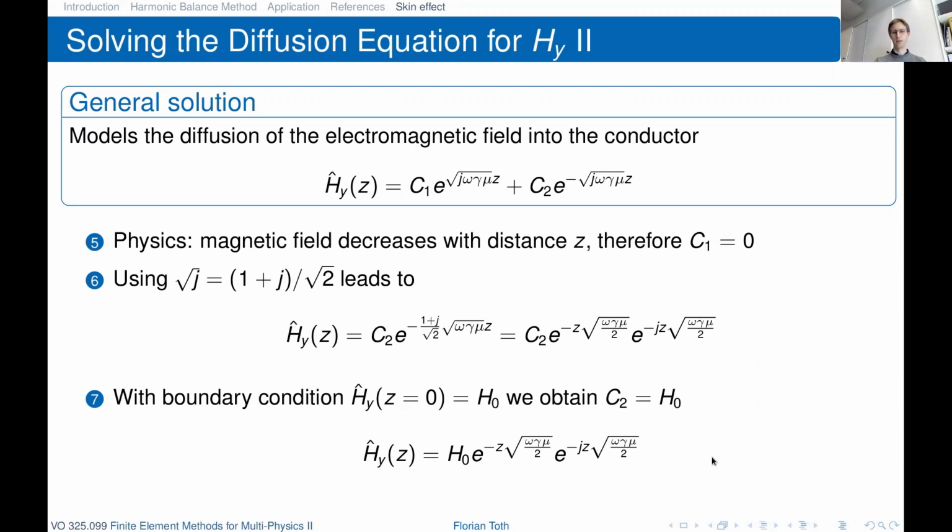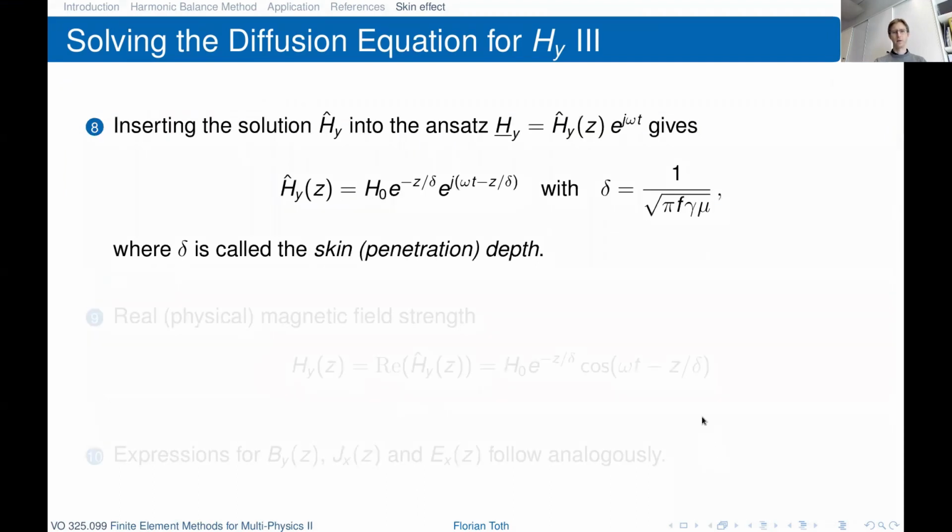This is now written in the complex domain. However, we can simplify it a little bit. So we plug this in the original ansatz, and then we see that we can introduce this parameter delta here, which is called the skin or penetration depth.